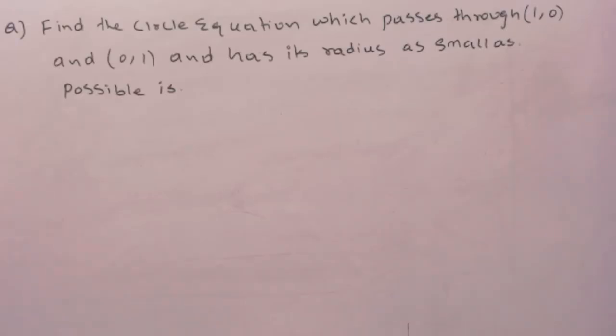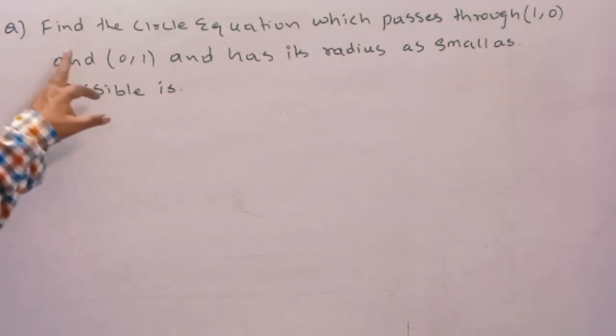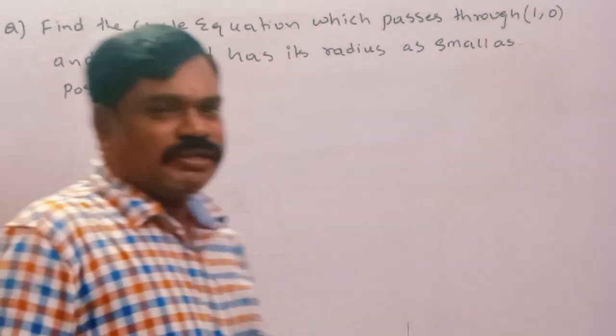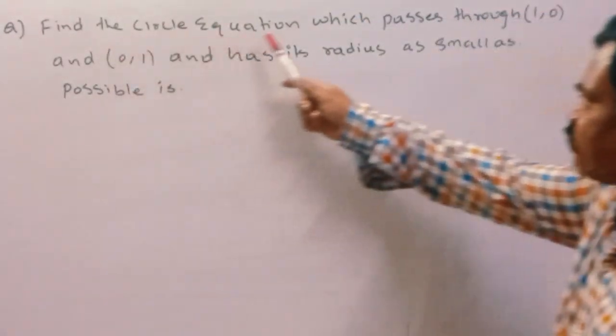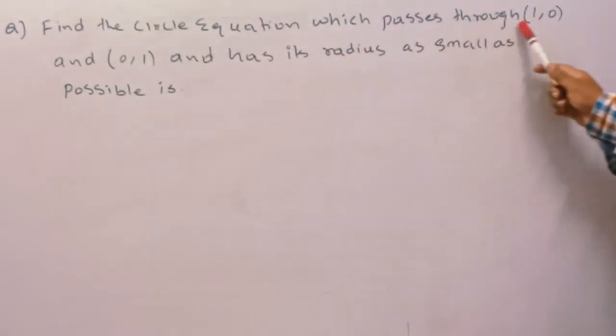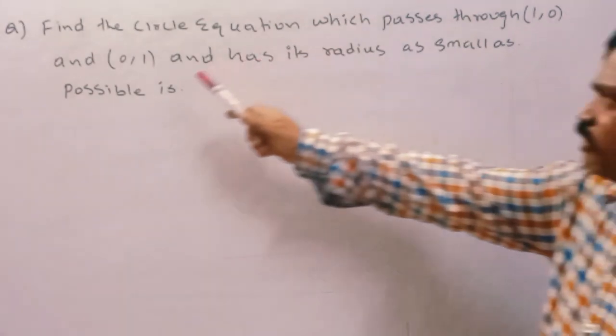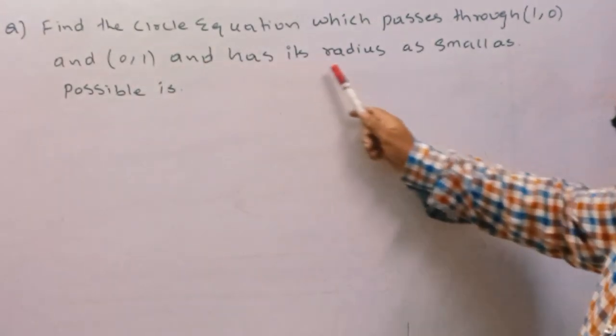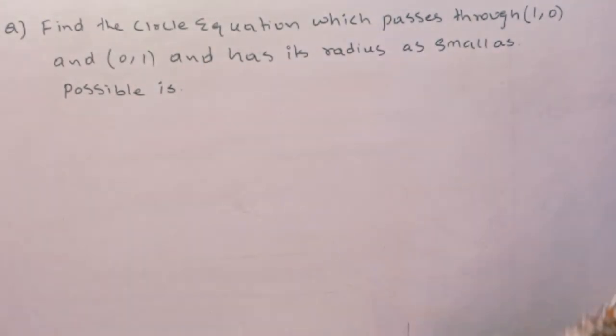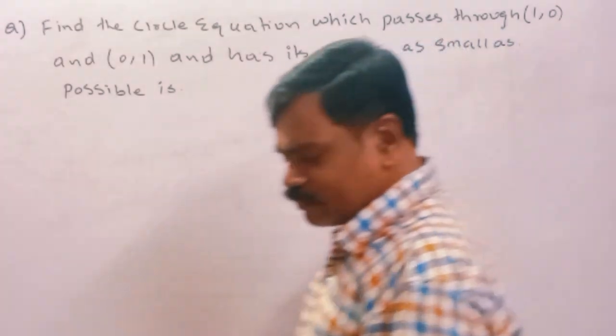Here we have one more problem on extremities of the diameter of the circle. You see, all of you: find the circle equation which passes through 1 comma 0 and 0 comma 1 and has its radius as small as possible. This is the problem.